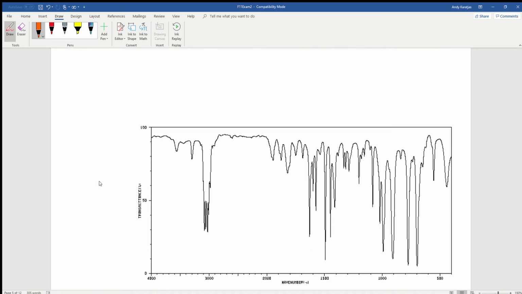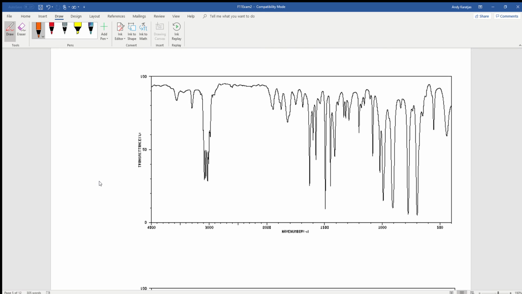Alright, let's look at our second spectrum. The things that jump out to me in this second spectrum is, first of all, there's very unlikely to be any sort of NH2, NH, or OH groups, because that region is almost completely empty.